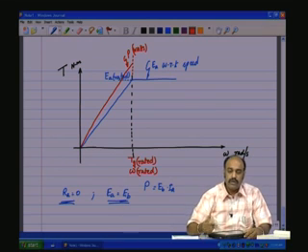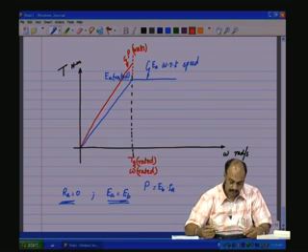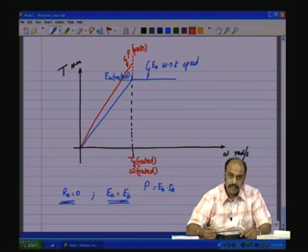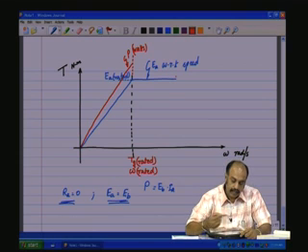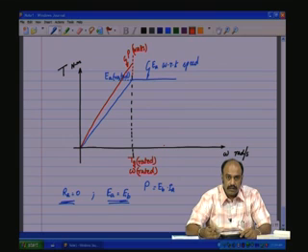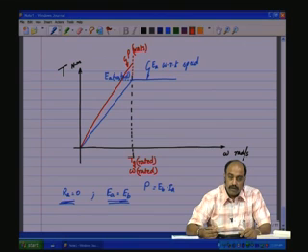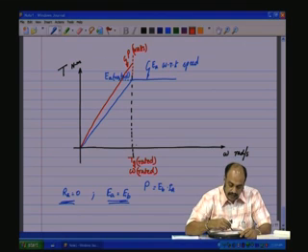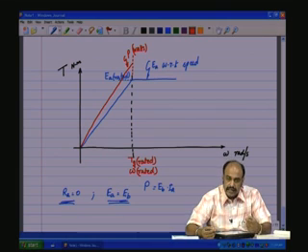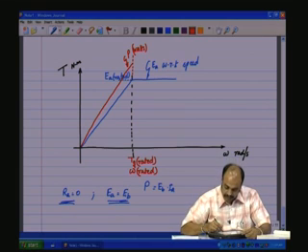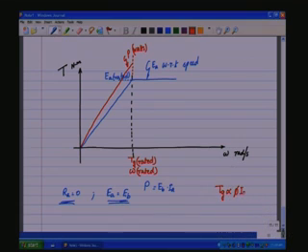Beyond, let us say we want to still increase the speed. What happens? EA cannot increase any further, speed only can change. And how can you increase the speed by keeping EA constant? By decreasing flux only, because TG is proportional to flux into IA.